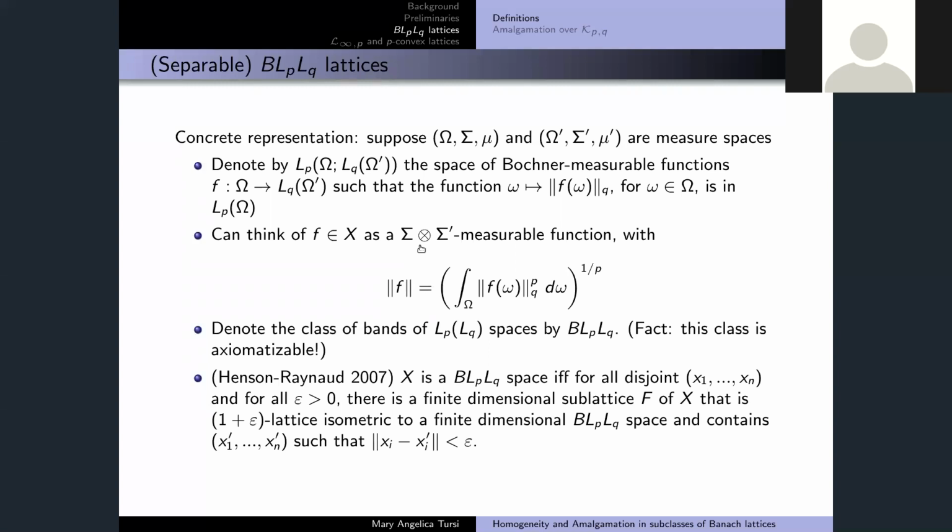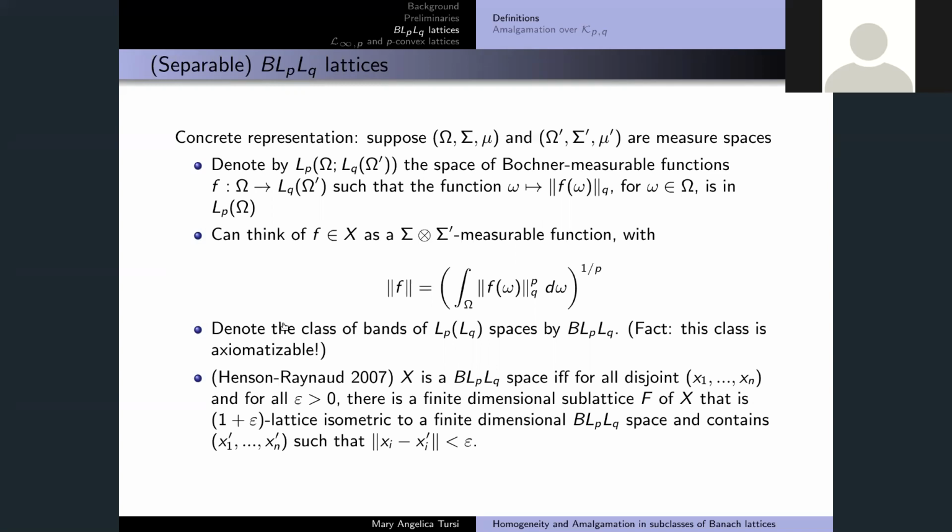So you can take some element in Ω and map it to some simple function in LQ(Ω'), and then you can take limits, and that gets you the Bochner measurable functions. But then we also have the requirement that the map from ω to the LQ norm of f(ω) is itself an LP(Ω) function. And if you take those, you have what's called an LP of LQ space.